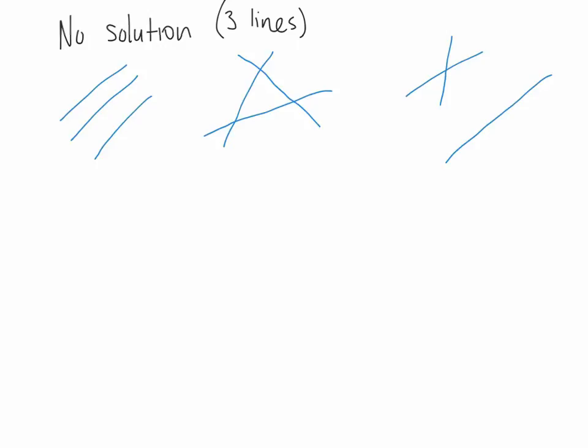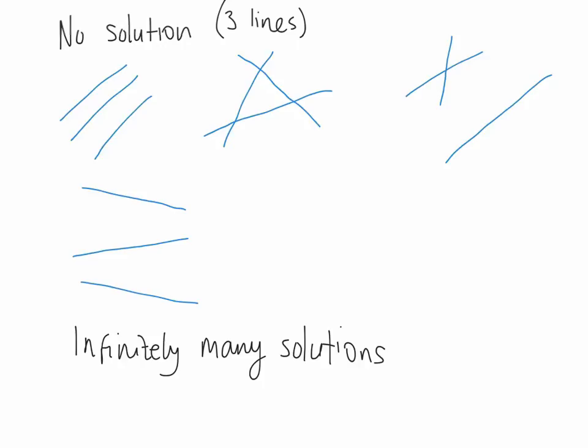Or because we're working in 3 dimensions, we could even have it that all three lines are just in different planes, and so they never run into each other. For the case of infinitely many solutions, it's still the same old, all three equations represent the same line. And so you get infinitely many points of intersection.